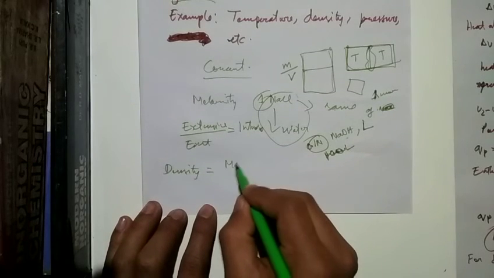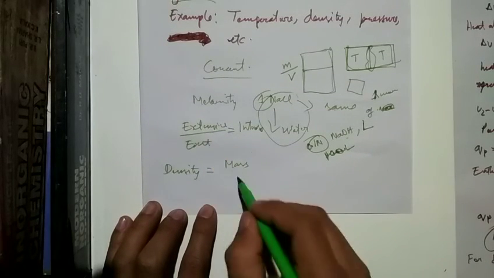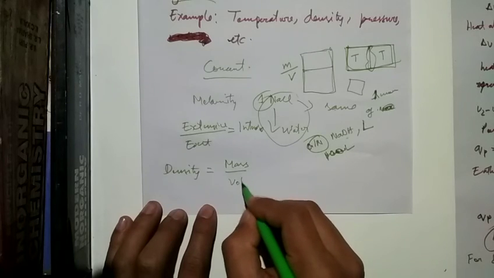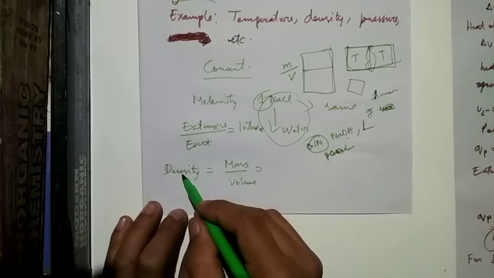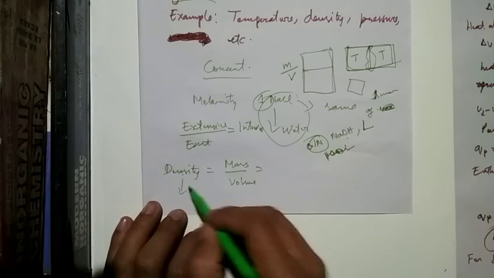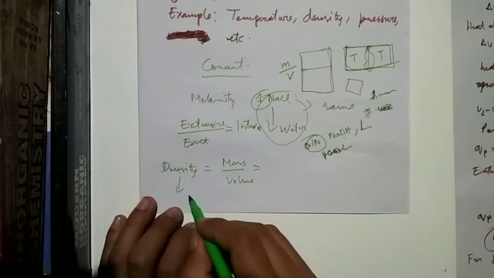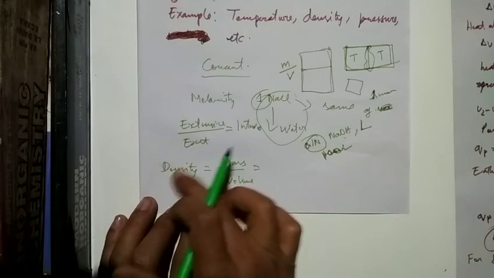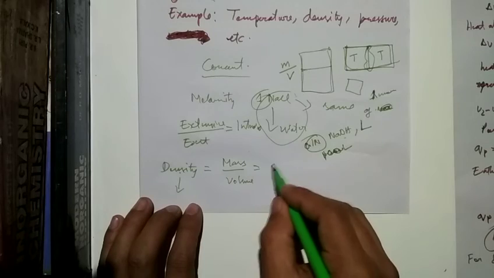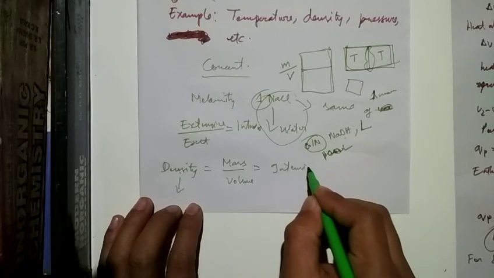Mass is extensive, volume is also extensive. If you divide, you get density. This density will be independent of the mass or volume. This density value will be independent, so you get an intensive property.